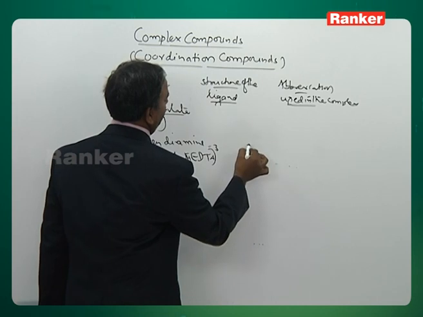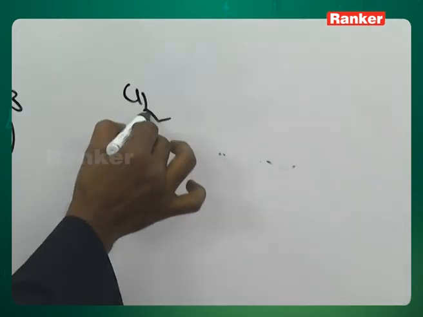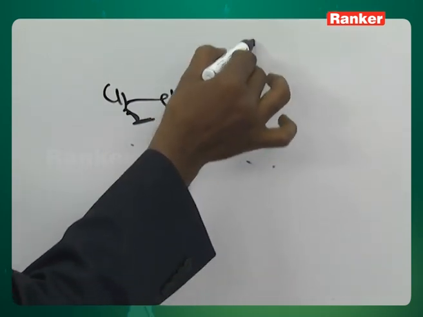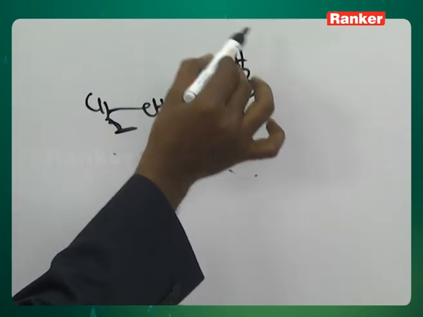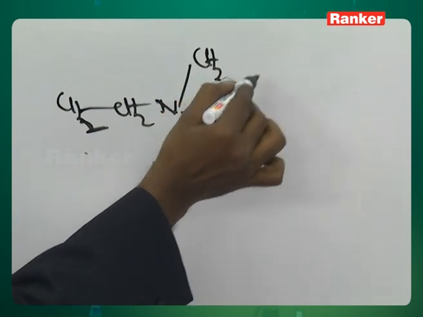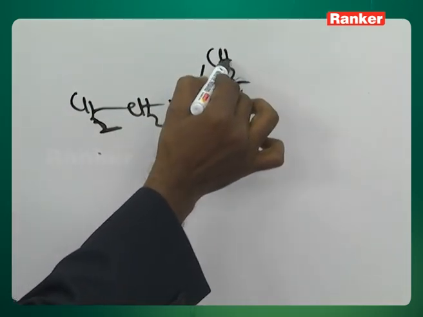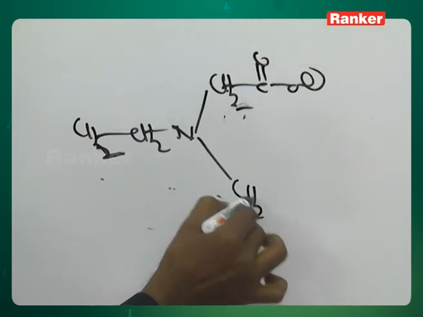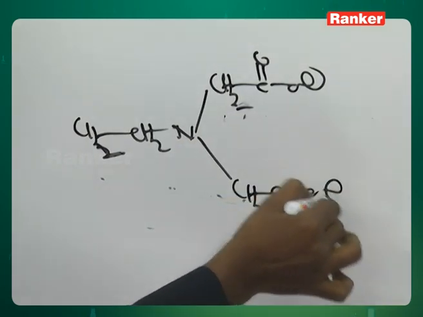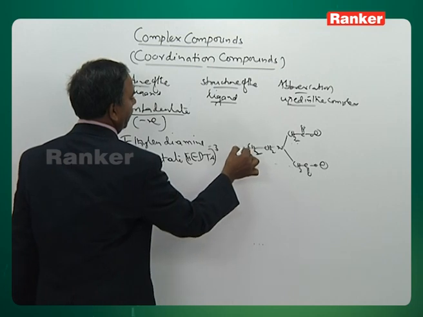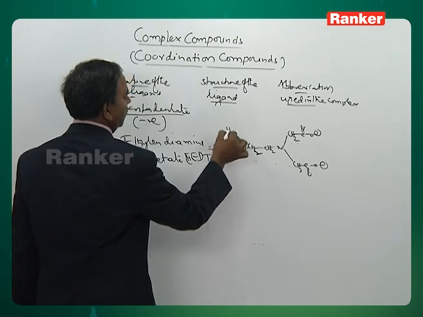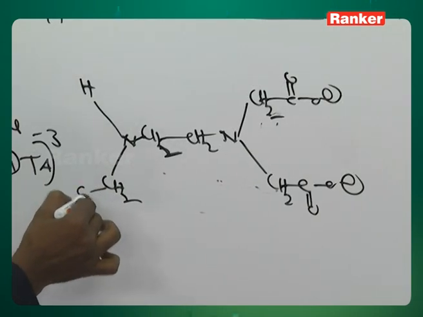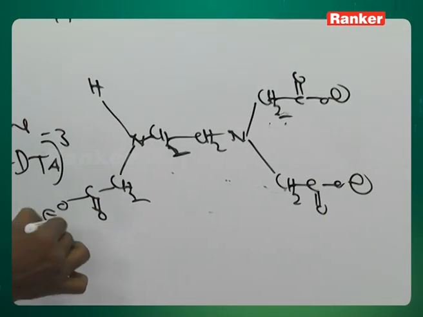Now, it is a very big ligand. CH2N is linked to 3 acetate groups: CH2, C double bond O, O minus, first one, CH2, C double bond O, O minus, and again N. One N is linked to one hydrogen atom, and the second has C double bond O, O minus.